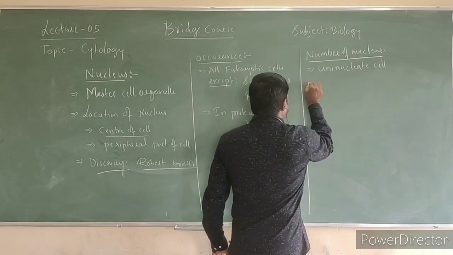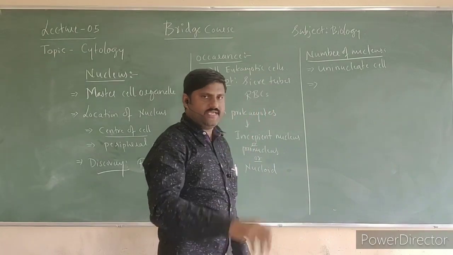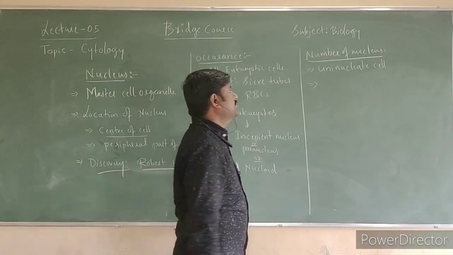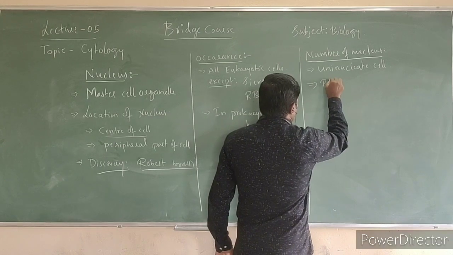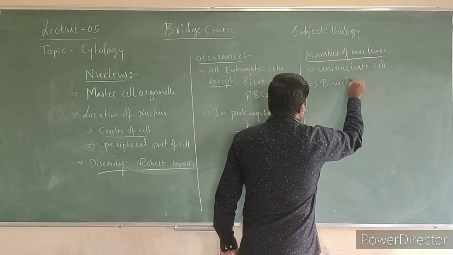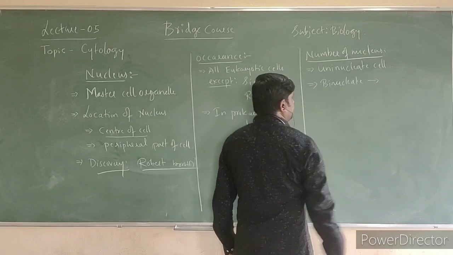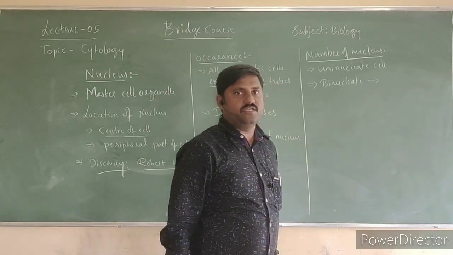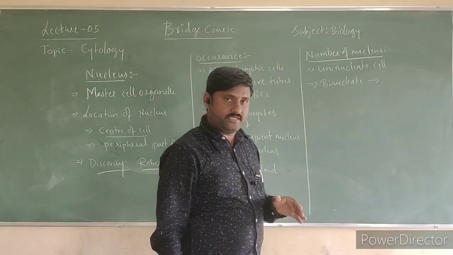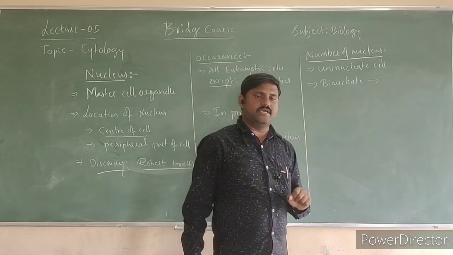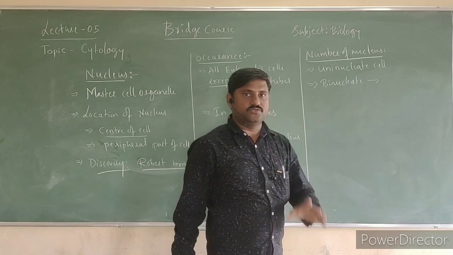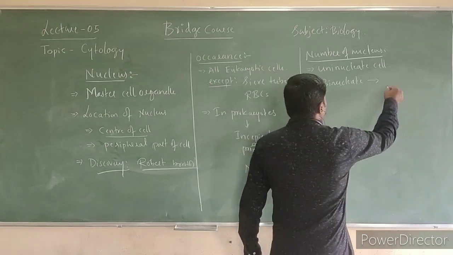Cell. And if two nuclei are there, it is a special thing. Two nuclei are there, binucleate. The best example of a eukaryotic cell which has two nuclei, one micronucleus and one macronucleus, is usually Paramecium.